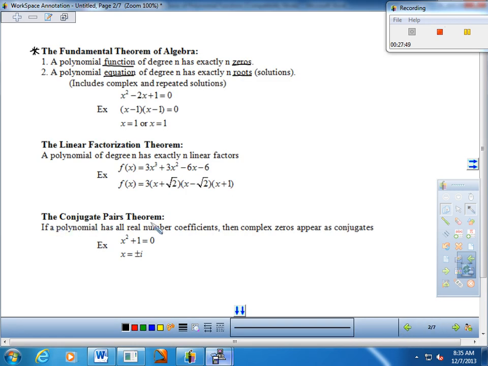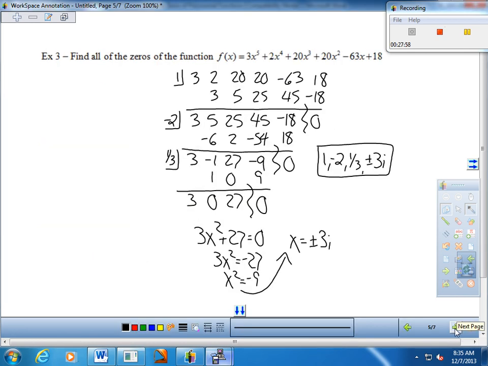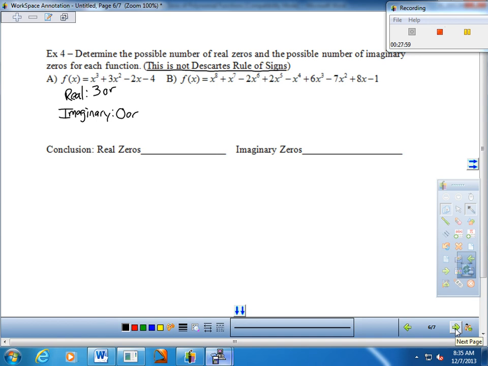Remember the conjugate pairs theorem? They have to appear in pairs. So those imaginaries have to appear as conjugates. And so as a result, you can't just have 1, but you can have 2. You can have a pair of imaginaries, which would mean, of course, then the other one is real. So it's either going to be 3 real and 0 imaginary, or 1 real and 2 imaginary. That's it. Those are the only possibilities. You cannot have 3 imaginary zeros because the imaginaries show up as conjugate pairs.